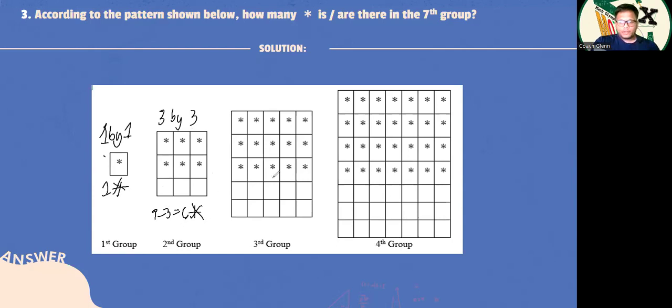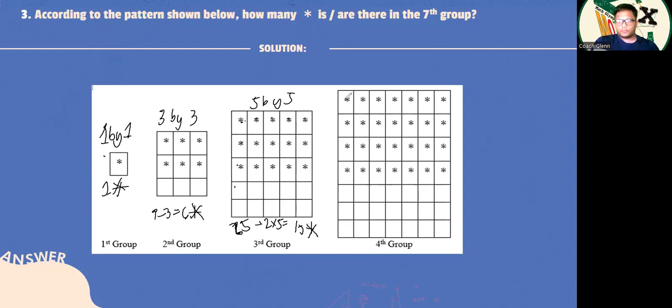Okay. On the third figure, we have here 1, 2, 3, 4, 5. 5 by 5. And then 2 parts of it is without asterisk. So that becomes 5 times 5, 25, minus 2 times 5, or 10. So that becomes equal to 25 minus 10, so that's 15 asterisks, okay?